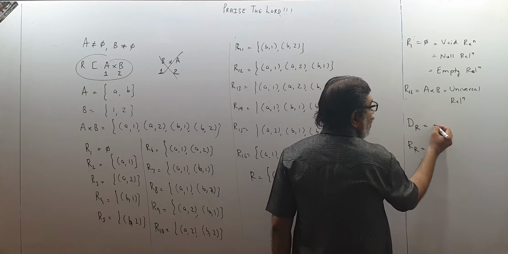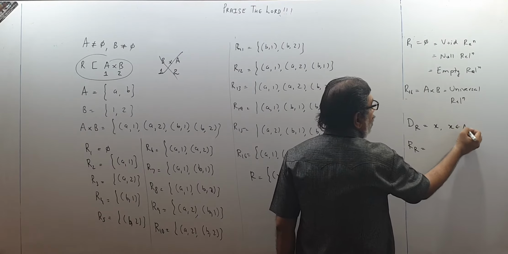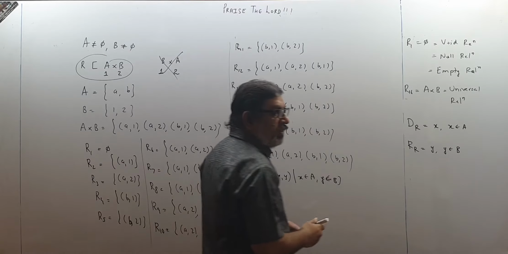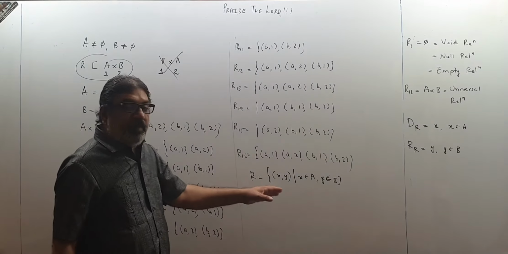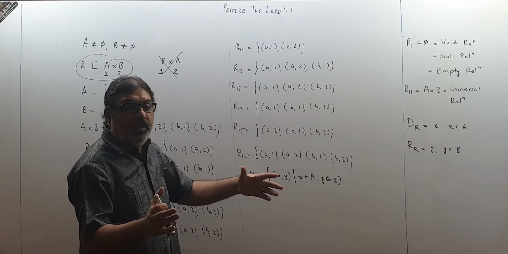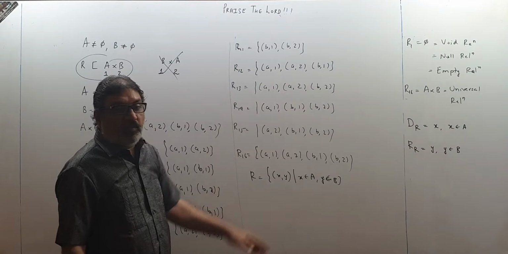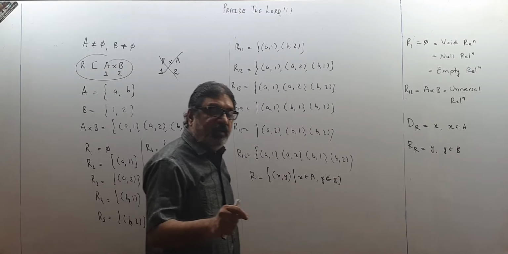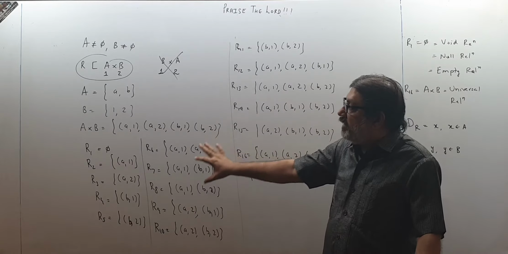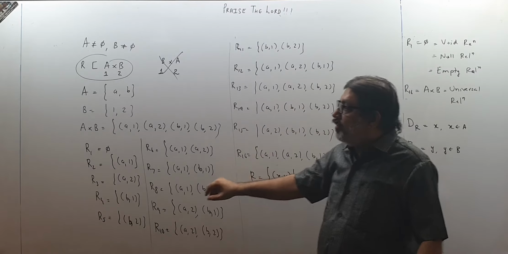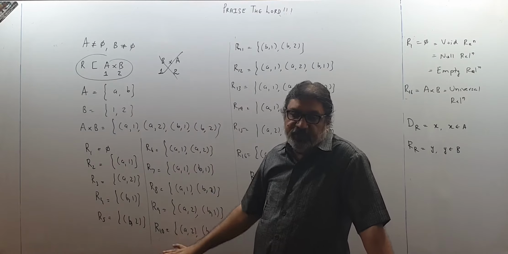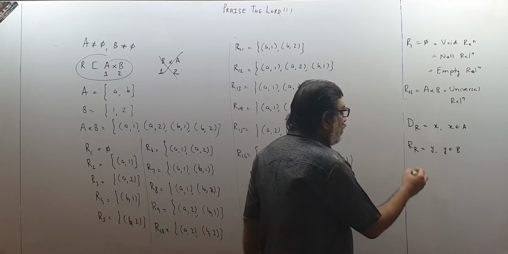So the domain will contain x, where x comes from A, and the range will contain y, where y comes from B. So the first elements in all the ordered pairs, that collection will form the domain. The collection of second elements from all the ordered pairs in a particular relation will form the range of the relation. And for all these relations that I have written, codomain will be B. It will remain the same for all the relations. So codomain of R will be B.